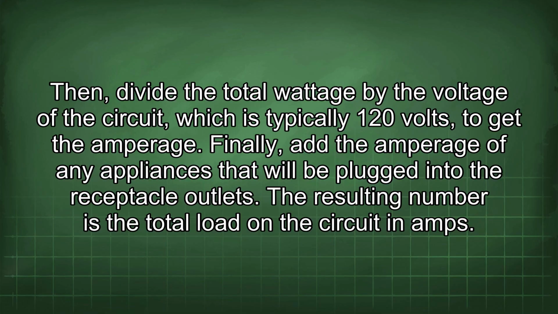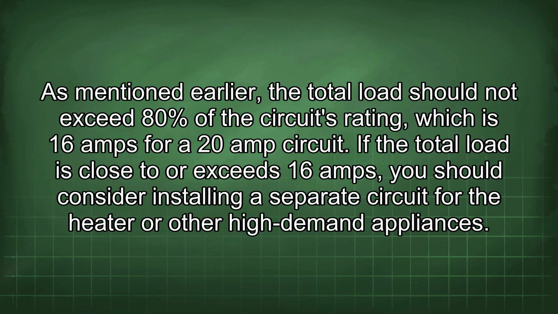The resulting number is the total load on the circuit in amps. As mentioned earlier, the total load should not exceed 80% of the circuit's rating, which is 16 amps for a 20 amp circuit. If the total load is close to or exceeds 16 amps, you should consider installing a separate circuit for the heater or other high-demand appliances.